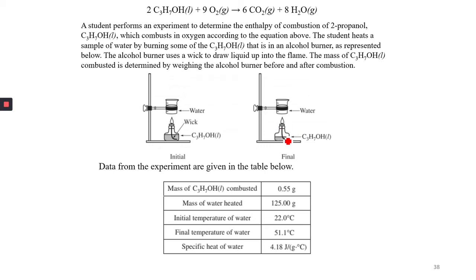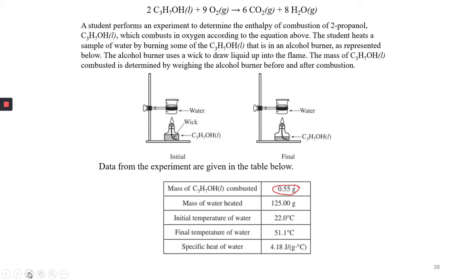This is kind of like a lamp, okay? And the burner uses a wick, that's kind of what this is here, like a string, that draws the liquid up to the flame. You measure the mass before you started and the mass after, and that gives you the mass right here of 2-propanol that you combusted.